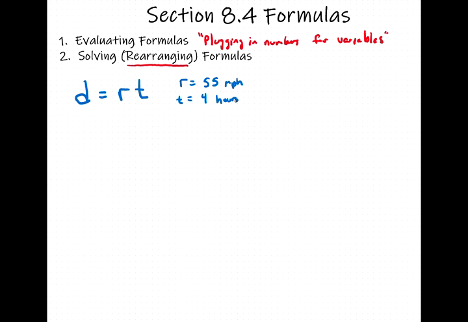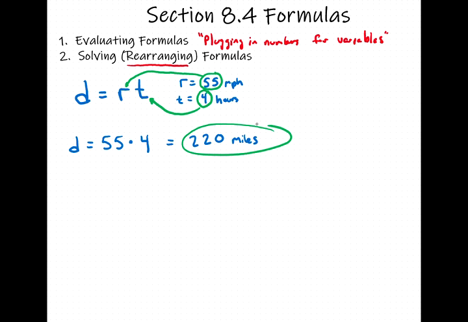So to evaluate the formula means to replace the r with the number 55 and replace the t with the number 4. Okay, so when we evaluate this formula, we'll get d equals 55 times 4, which is equal to 220 miles. Okay, so that's what we mean by evaluating a formula.